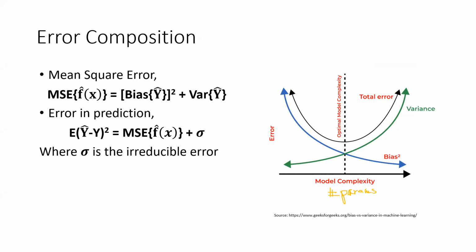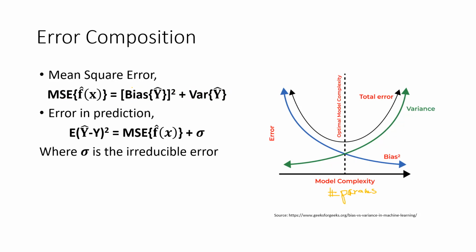So when it is increased, the model complexity will increase. When the complexity gets increased, the bias will get reduced, right? But when the bias gets reduced, the variance will get increased. And from here, you can get the mean square error.